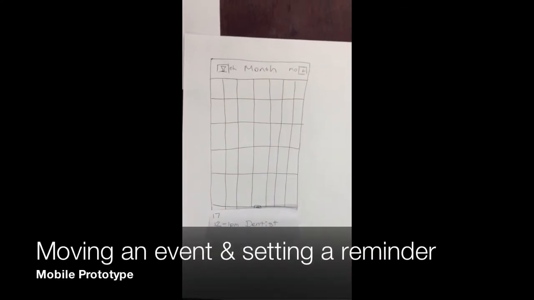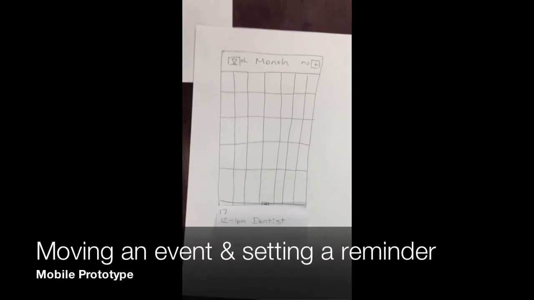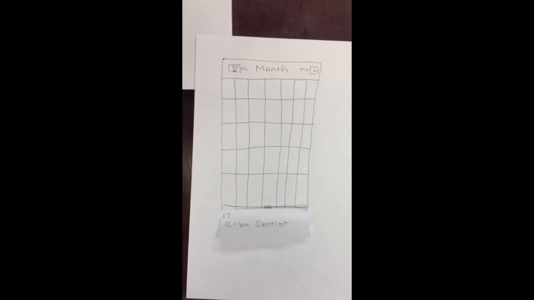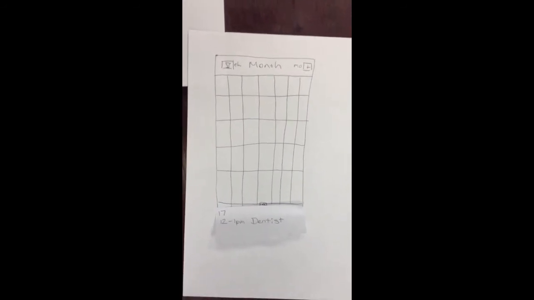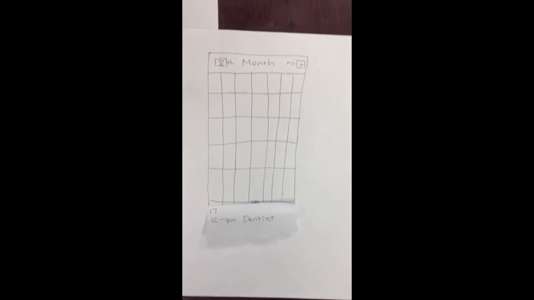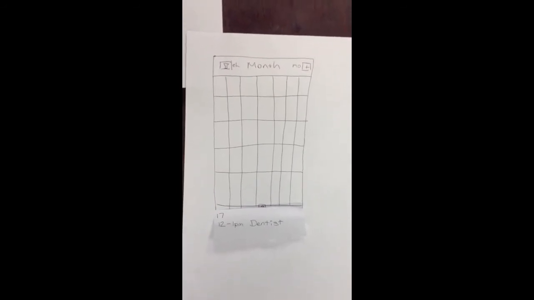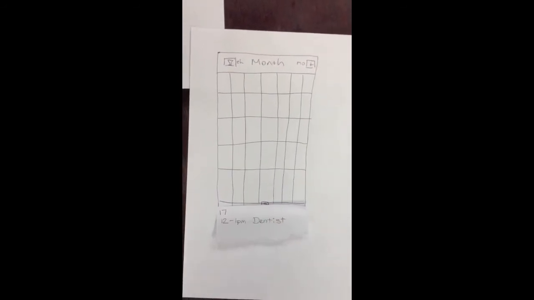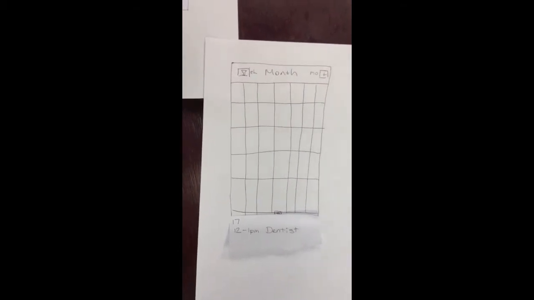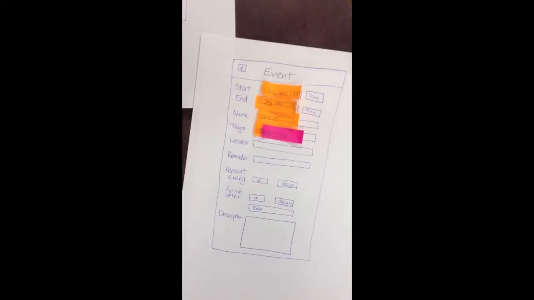Okay, this task is to edit an appointment, changing it to be in our day, and also add a reminder. So we've got our event already added, so click on the event, it takes you to the event view.